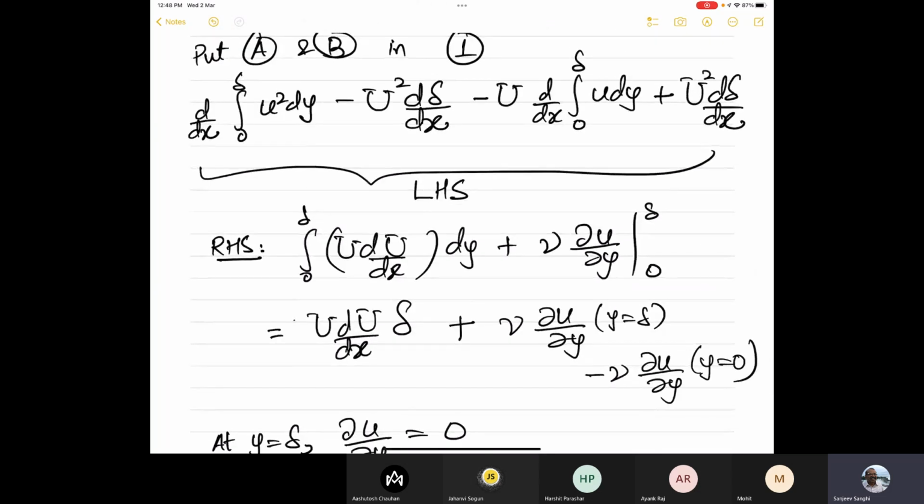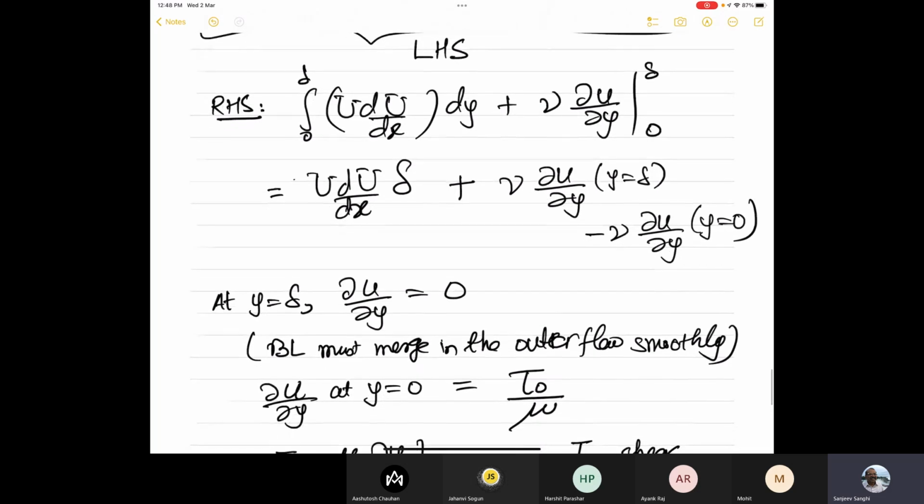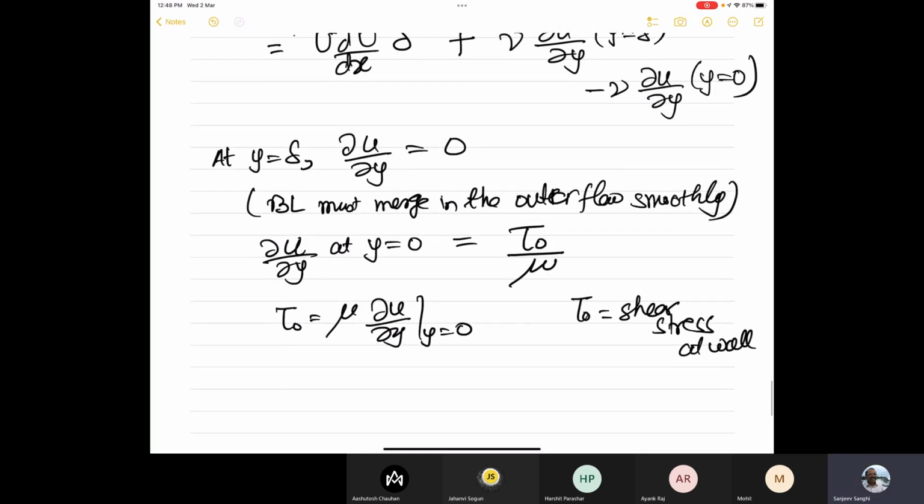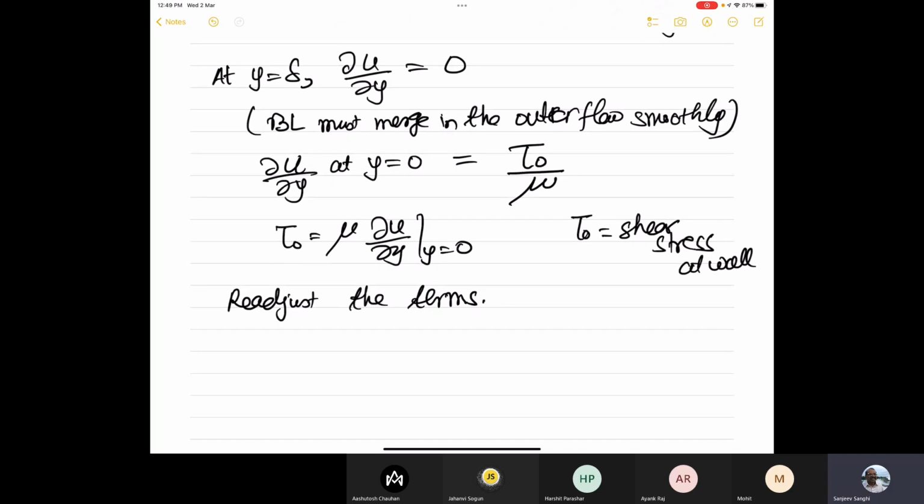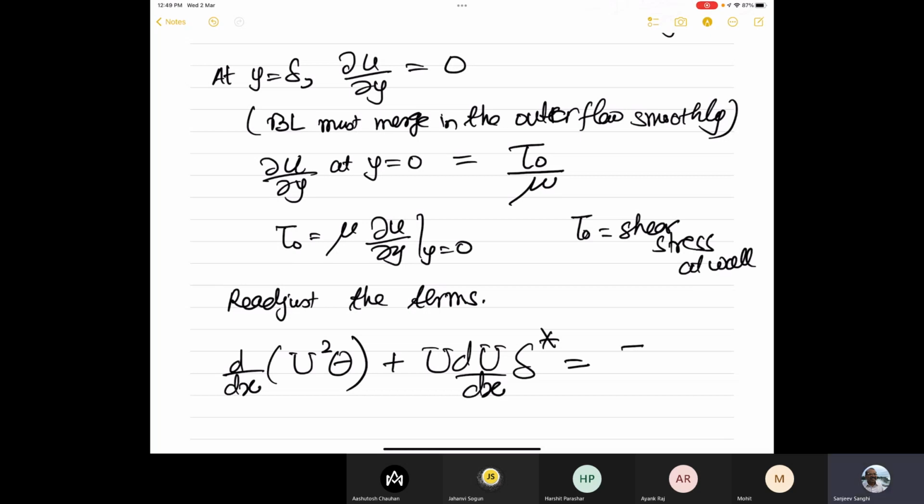So we have this left hand side, we have the right hand side, and now you readjust the terms, and what this leads you to is d by dx of capital U square theta plus capital U dU by dx times delta star is equal to tau wall by rho.